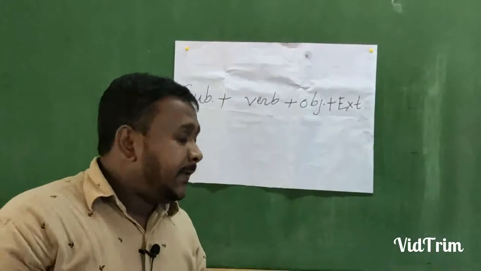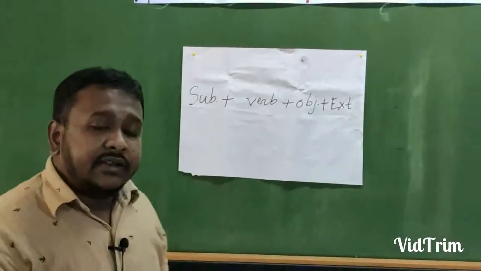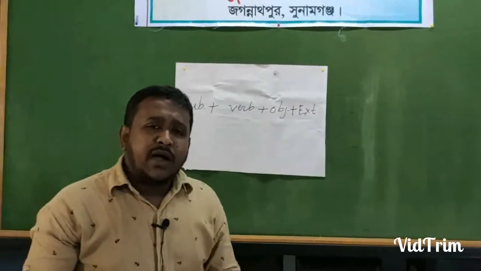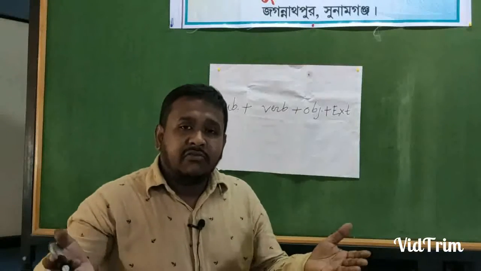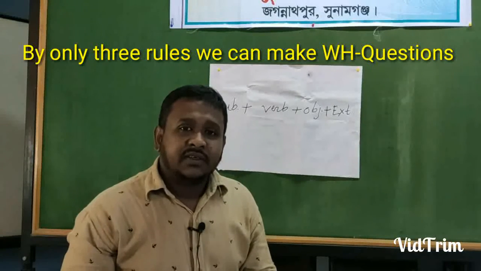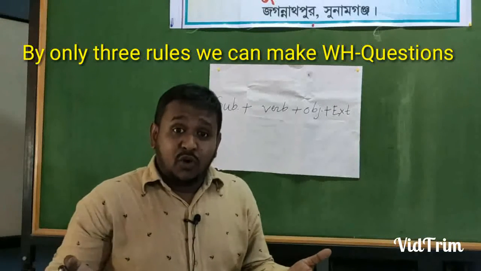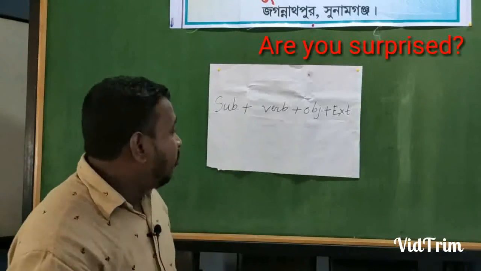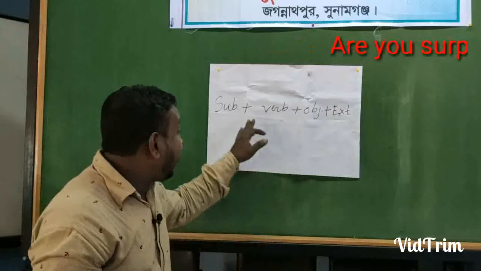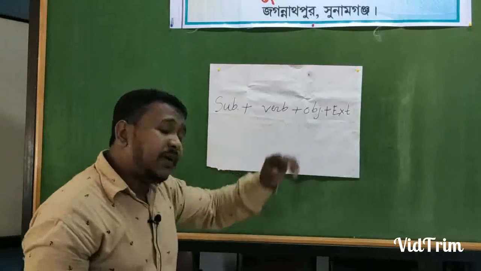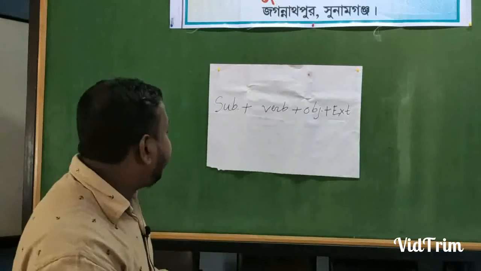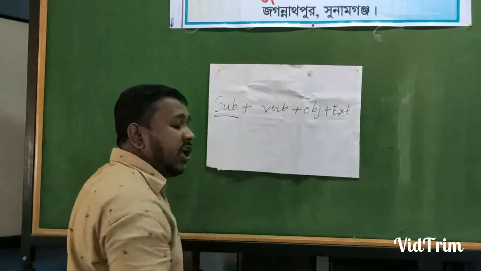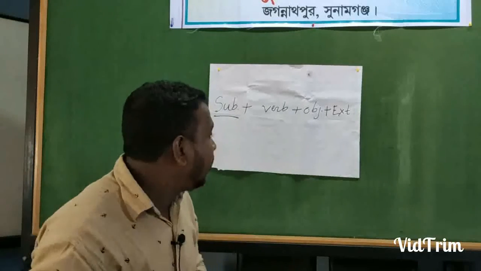If we look at this, you will understand the sentence pattern. From this structure, you will be surprised to know that by only 3 rules we can make WH questions. You may think, is it possible? In reference books we get many rules. Yes, it's possible, because if we look at the sentence pattern, we can see that if we get the underline after the subject, you have to follow one rule.